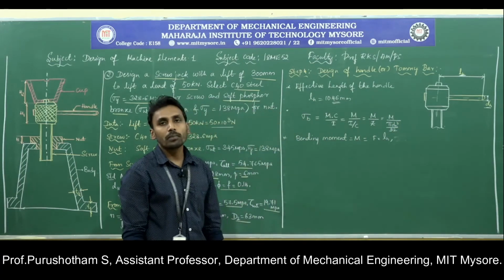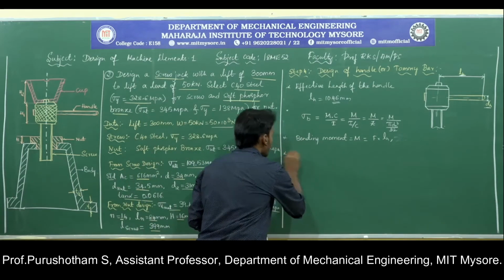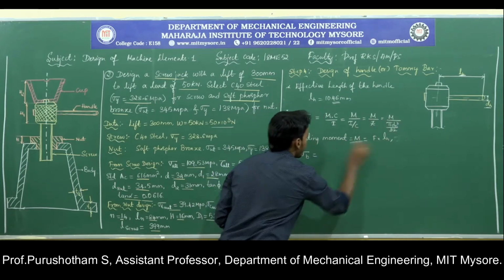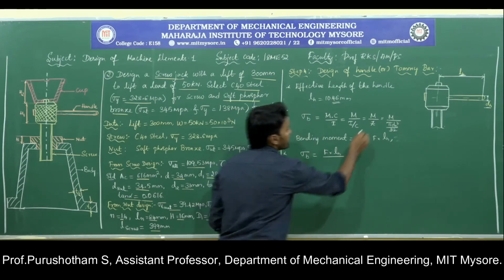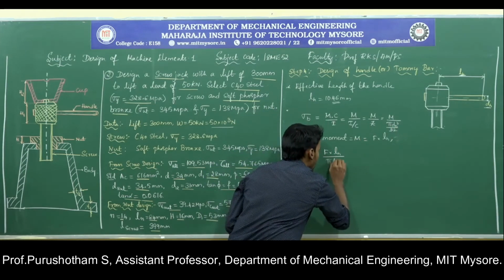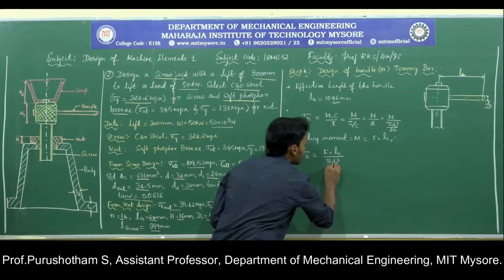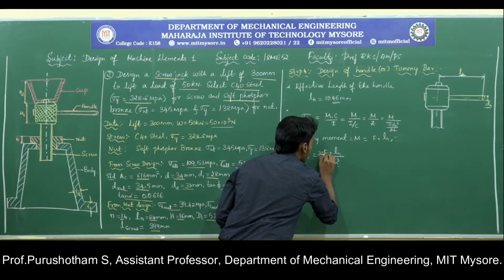So sigma B is given by M, that is force into length of the handle, divided by Z, that is pi dh cube by 32. The 32 in the denominator of the denominator I am going to take into the numerator.